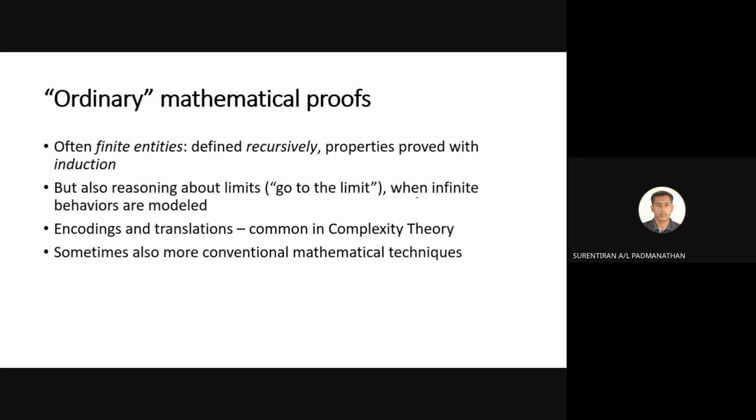Go to the limit when infinite behaviors are modeled. So this is ordinary mathematical proofs. Okay, so encoding and translations common in complexity theory, sometimes also more conventional mathematical techniques. So this is like a very ordinary mathematical proof.